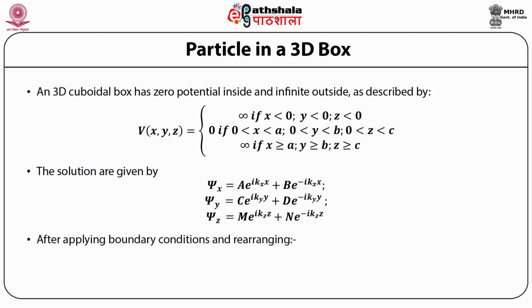So now after applying the boundary conditions and rearranging, the total energy is given by E is equal to nx square h square by 8ma square plus ny square h square by 8mb square plus nz square h square by 8mc square.